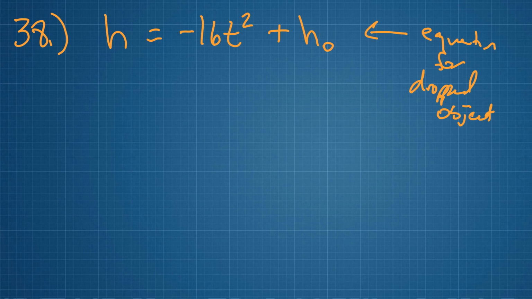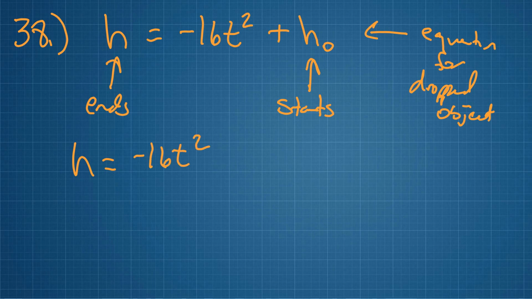So, a cliff diver dives off a cliff 40 feet above water. Write an equation that gives the diver's height in feet above the water after t seconds. So, I know he started 40 feet in the air. That's where he starts. That's where he ends. So, the equation is h equals minus 16t squared plus 40.